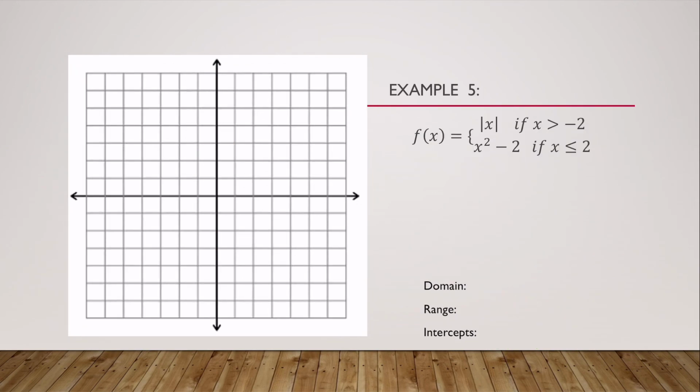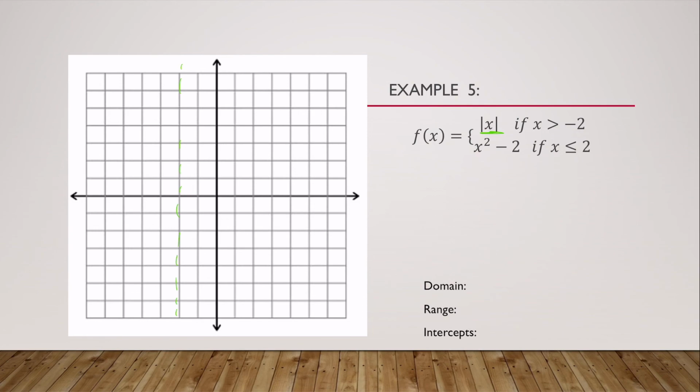Let's take a look at another example. Here I have an absolute value function and a quadratic function. So I have the absolute value of x defined if x is greater than -2. So let's go to where we've got -2.